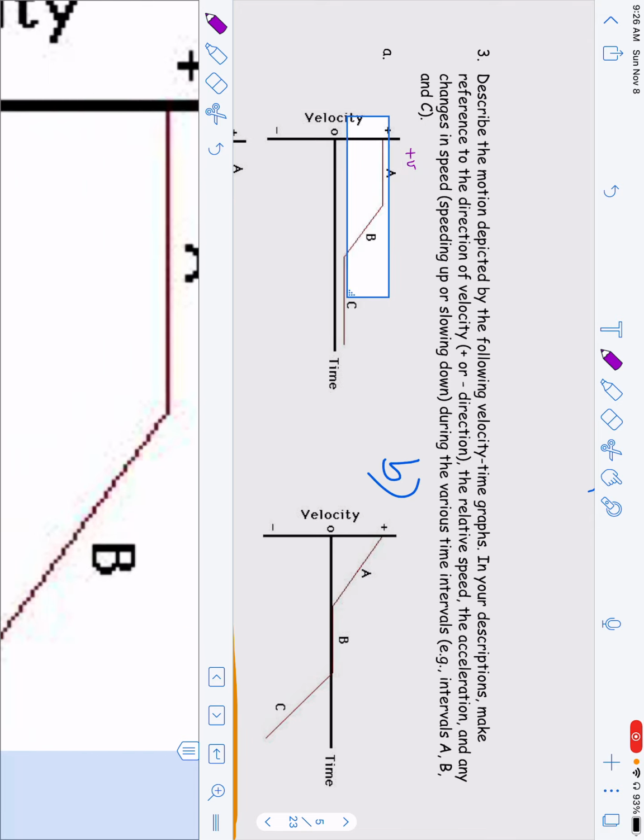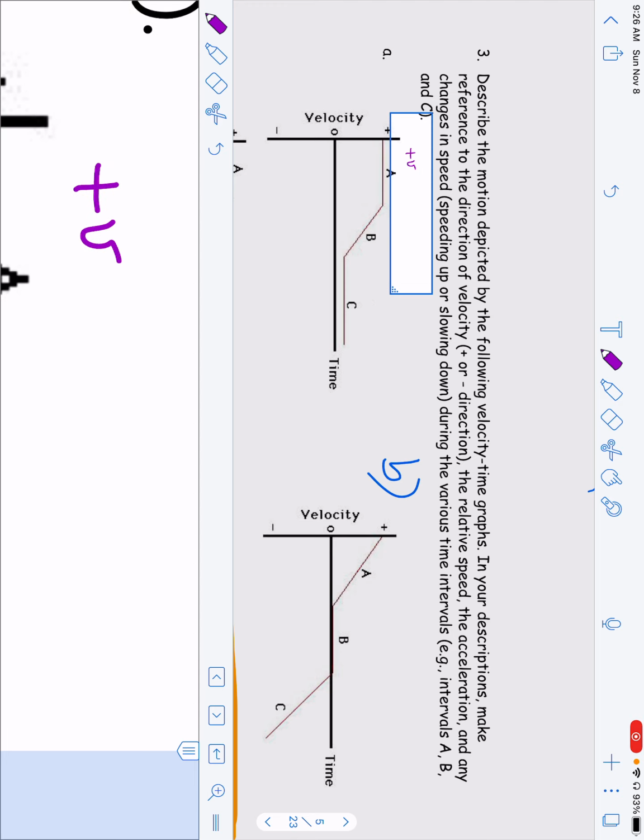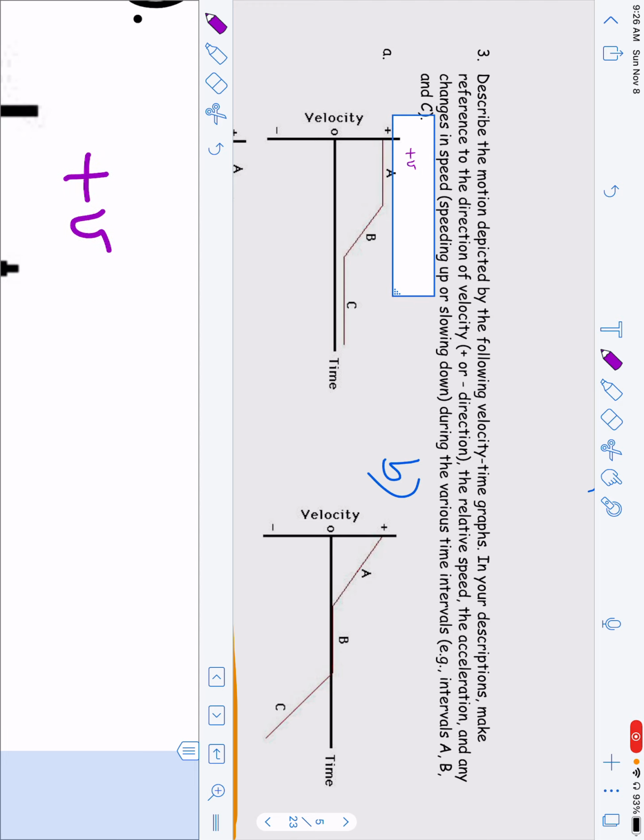It's staying constant because it's not changing, because it's a flat, horizontal line. So it's zero acceleration right there. If you're going constant speed, you have zero acceleration.